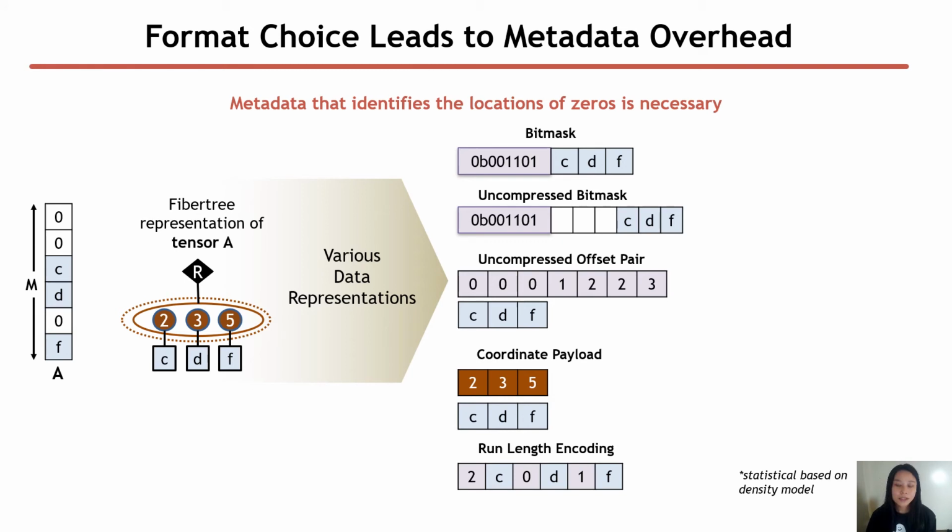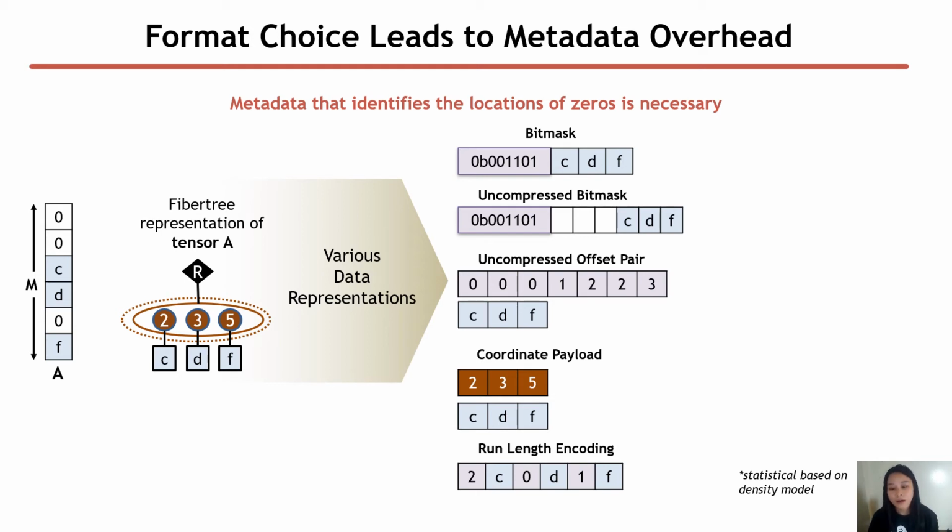So let's take a look at a high level of how we analyze the amount of overhead associated with metadata, and also what data representation formats are supported here. So essentially metadata allows us to identify the location of 0, and they're necessary for implementing a lot of sparse optimization features.